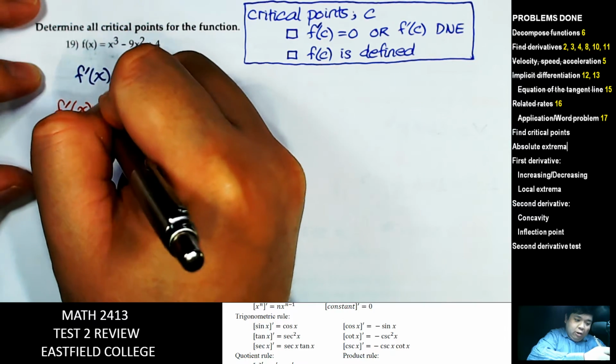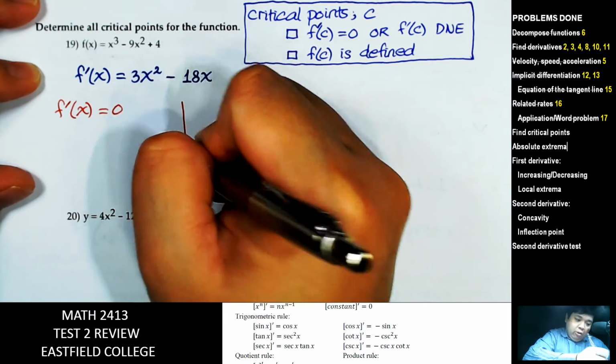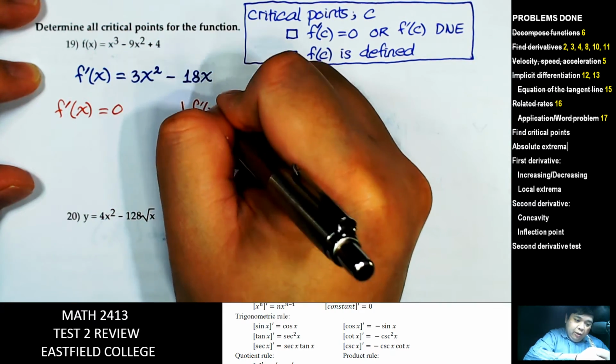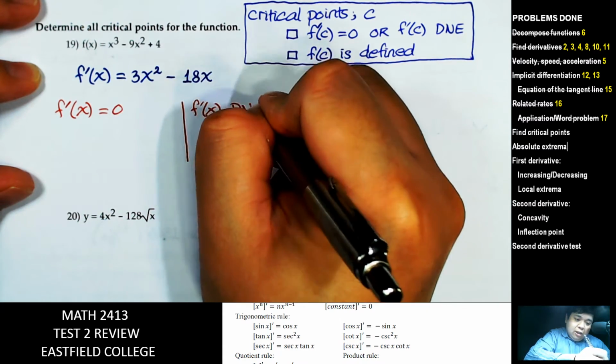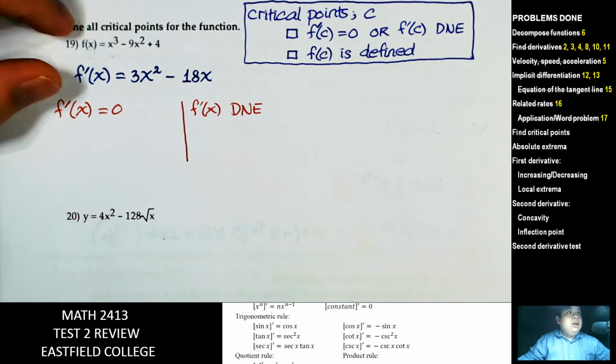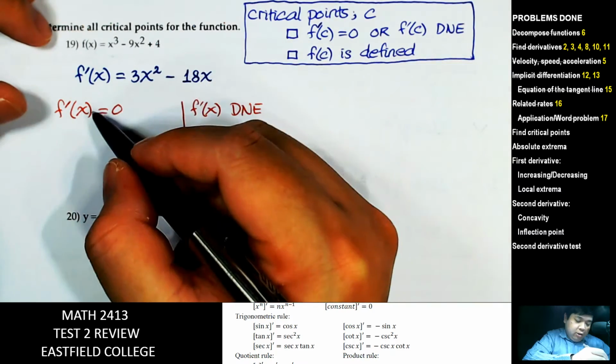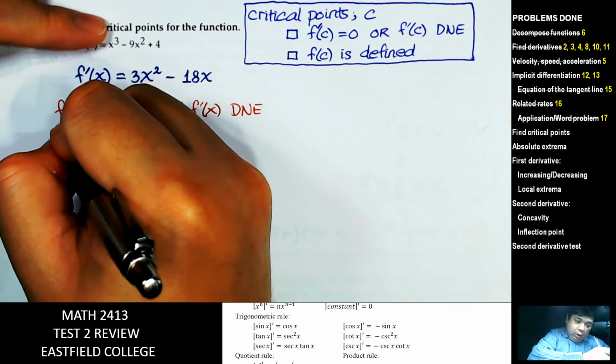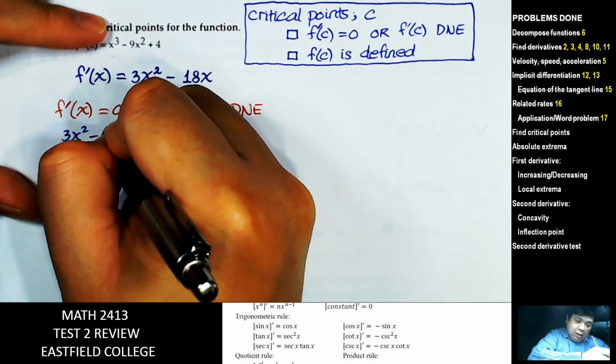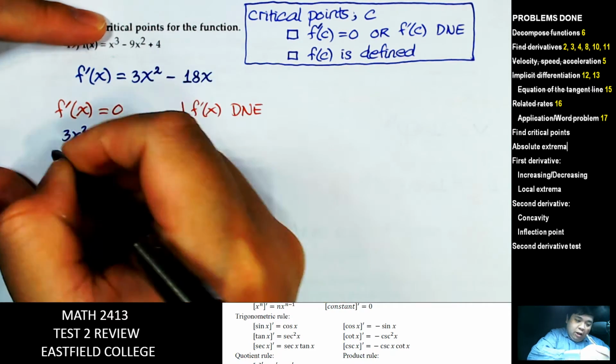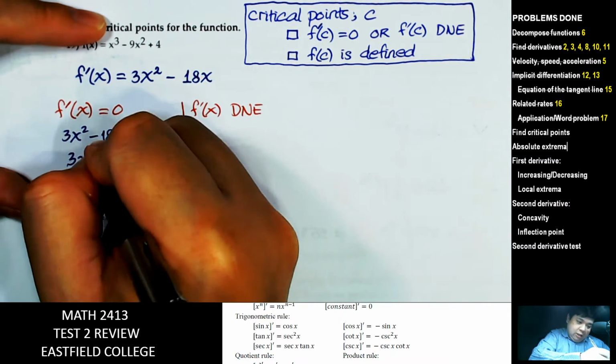And now we have two things: derivative equal to 0 or derivative does not exist. In this case, this will be simple. 3x squared minus 18x equal to 0. Factor out 3x.